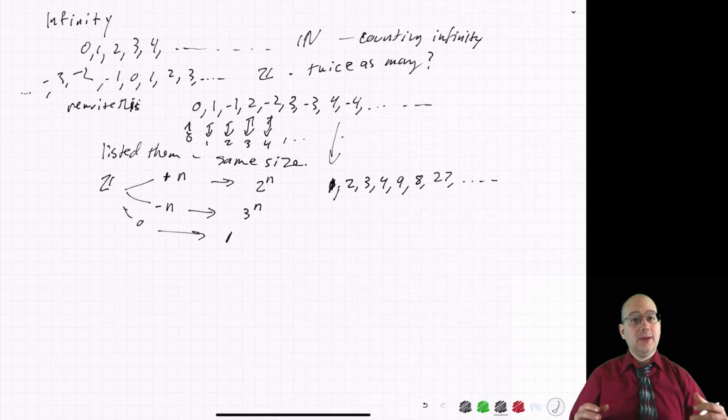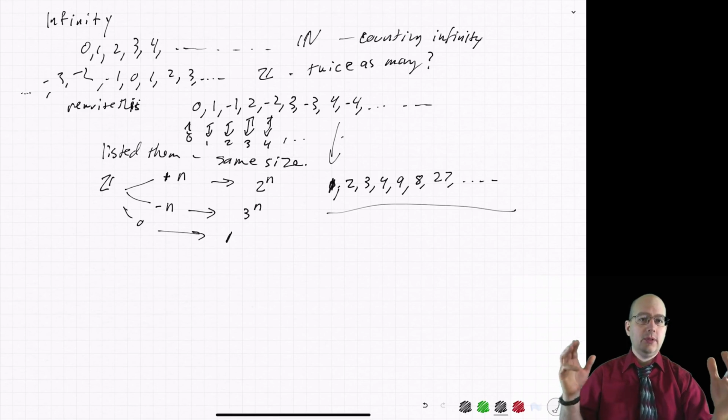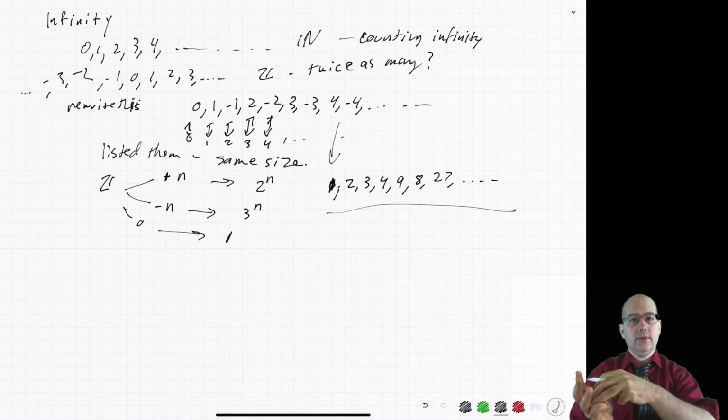And so not only are the integers the same size as the natural numbers, but they seem to be even smaller. Or at least you could put them in a smaller version, right? You don't even need all the natural numbers, just a small set. And so basically, if you map a set into another one and map that set into the other one, you see that they're the same size.